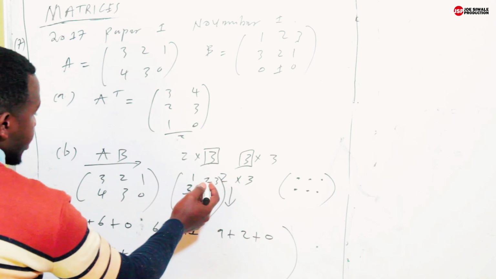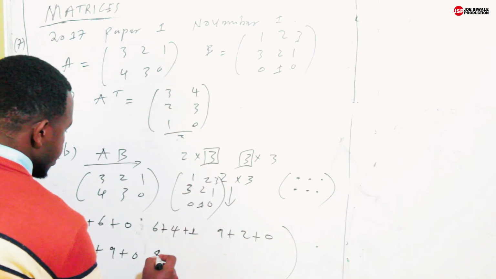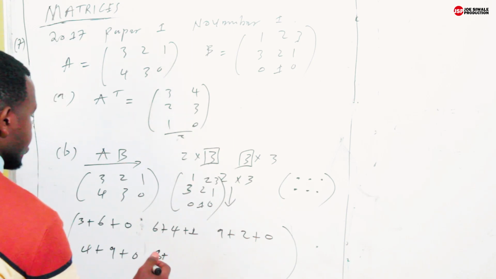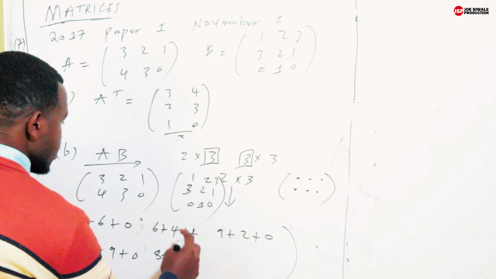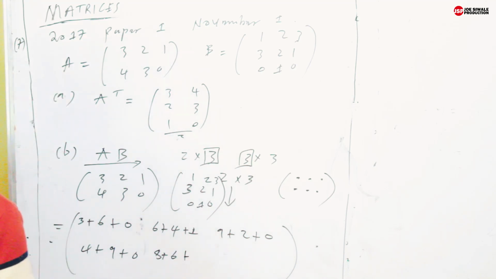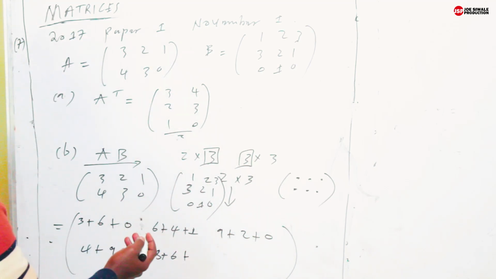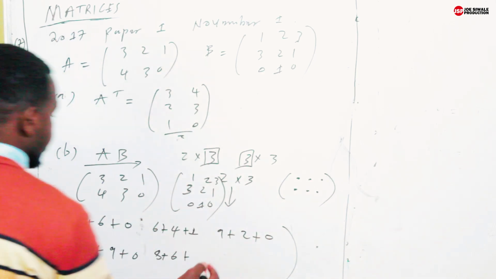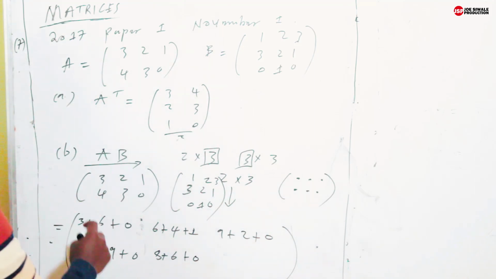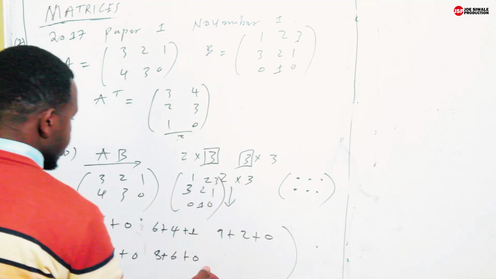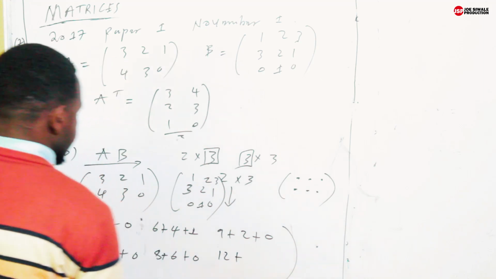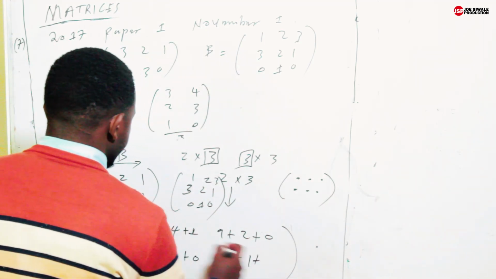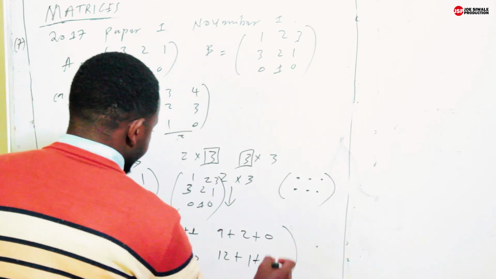Then 4 multiplied by 2, we're going to have 8, plus 3 multiplied by 2, we're going to have 6, plus 0 multiplied by 1, we're going to have 0. Then we're going to say 4 multiplied by 3, we're going to have 12, plus 3 multiplied by 1, we're going to have 3, plus 0 multiplied by 0, we're going to have 0.